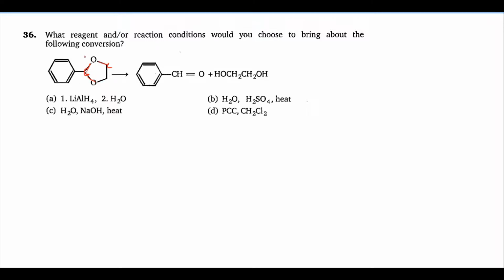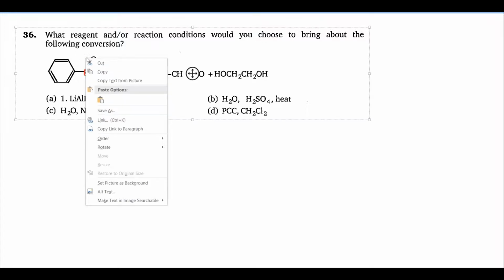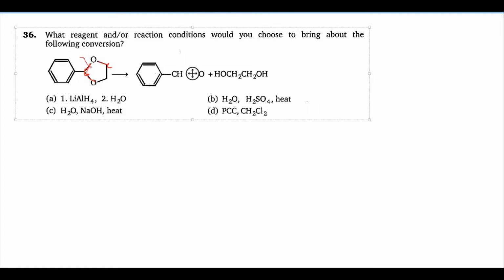Very simple hydrolysis. For this conversion, bond breaking, H is added, OH is added. Then you are going to get aldehyde only. I will write it here. Very simple question it is.